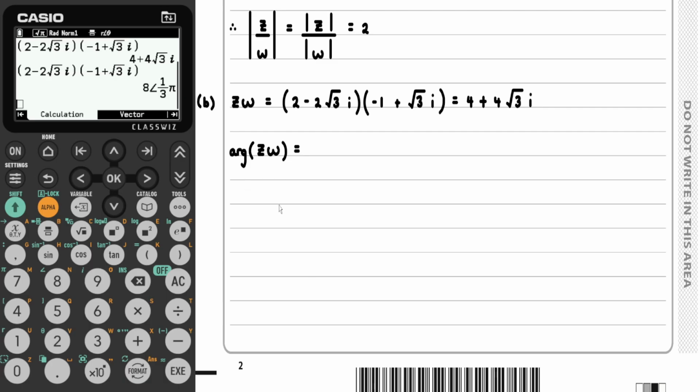So the argument of zw will equal pi over 3.